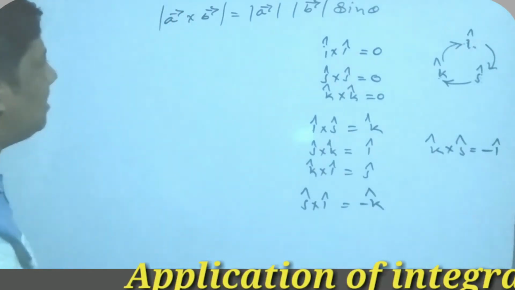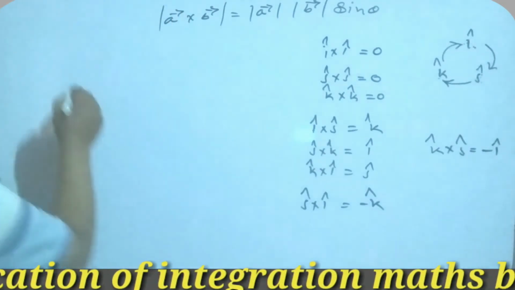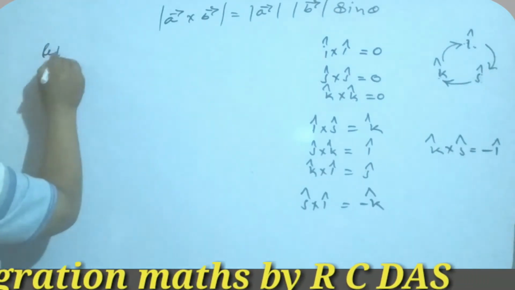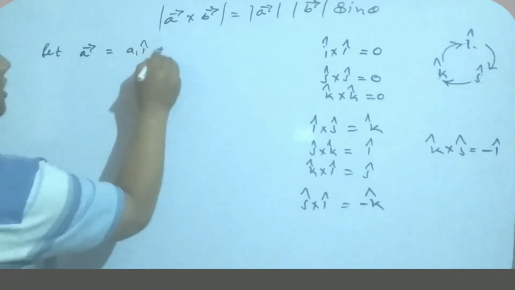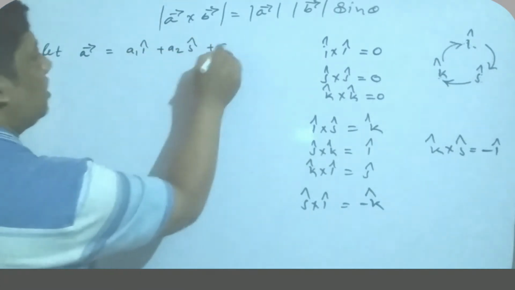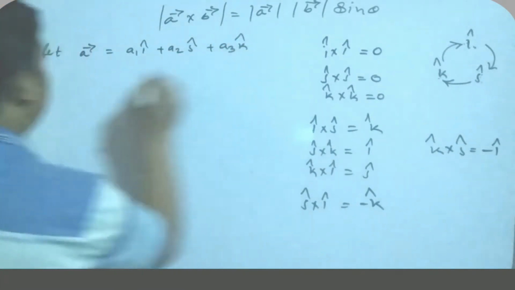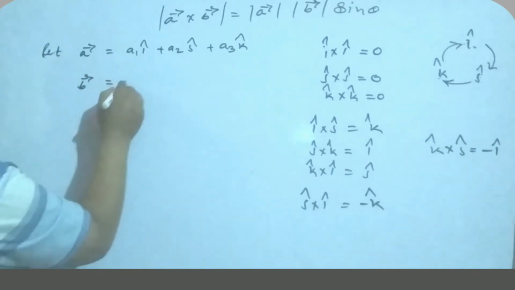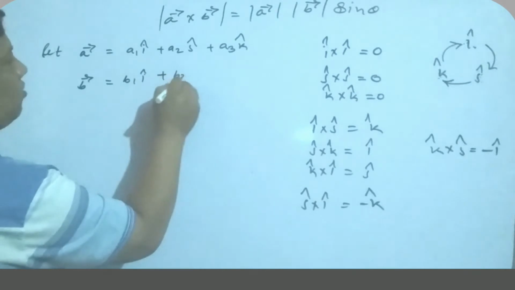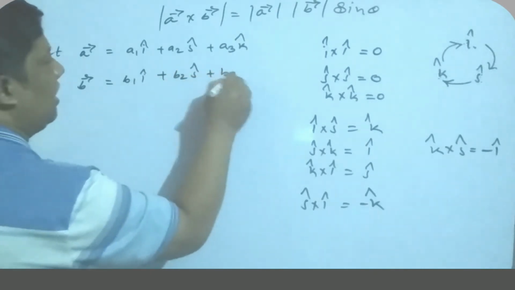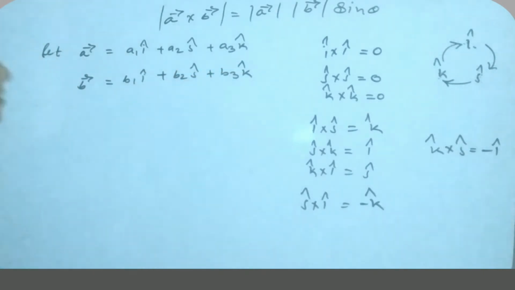Next, how can you find the cross product of two vectors? Suppose the vectors are a vector equal to a1 I, a2 j, and a3 k, and b vector is b1 I, b2 j, and b3 k, two vectors.